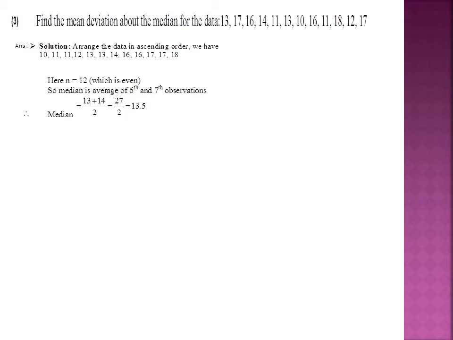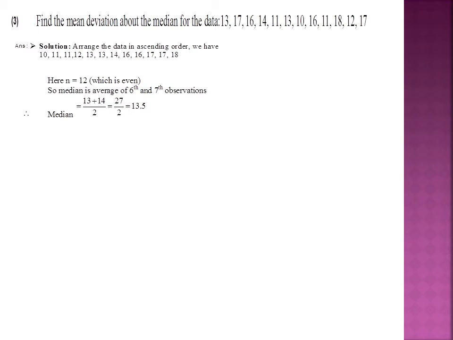Here the 6th observation is 13, the 7th observation is 14. So 13 plus 14 by 2, that is 27 by 2, that is equal to 13.5.